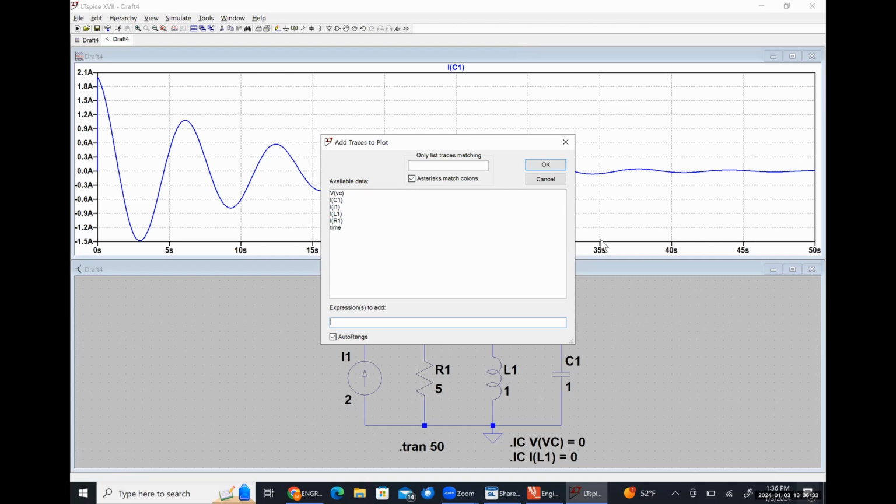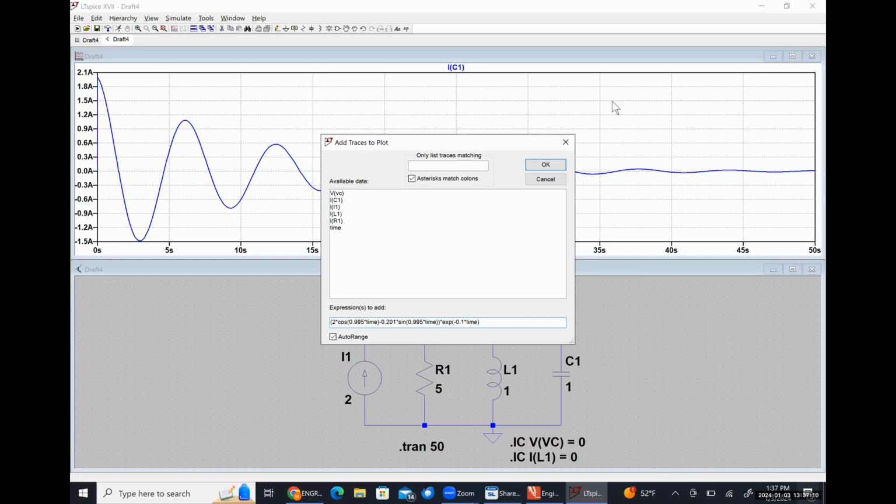I should have open parentheses 2 times cosine of 0.995 times time minus 0.201 times sine of 0.995 times time, close parentheses, times exp of negative 0.1 times time.